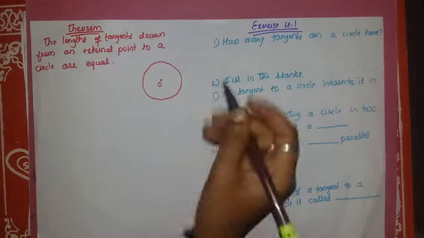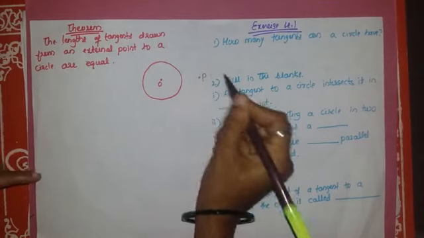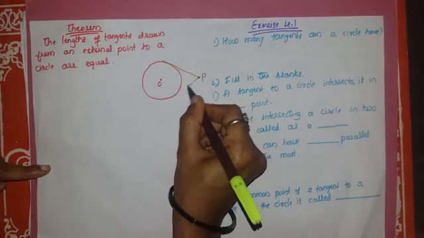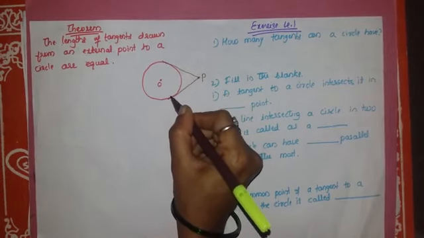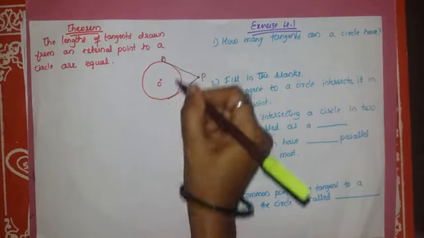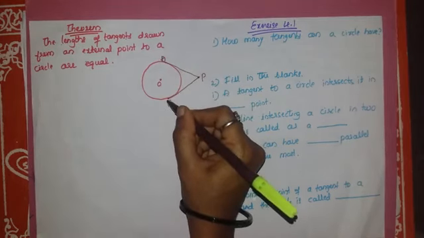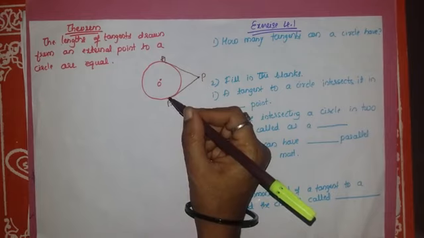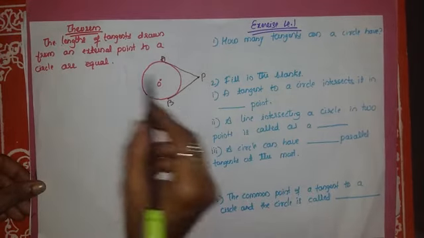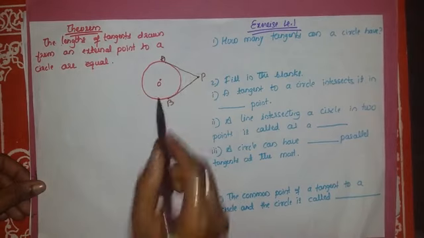Here I take the external point P. Then we draw the tangents to the circle. I call these PA and PB. These are two tangents to a circle. We need to prove these two tangents are equal.